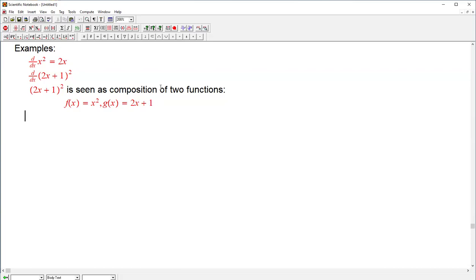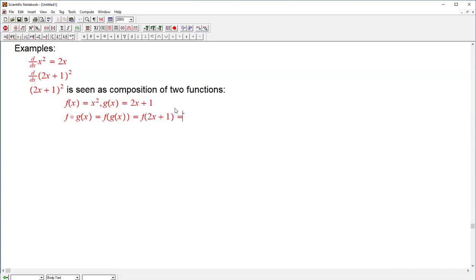So if we composite these two functions, f of g of x, we follow the rule of composition. Then f of g of x: g of x is substituted by 2x plus 1.